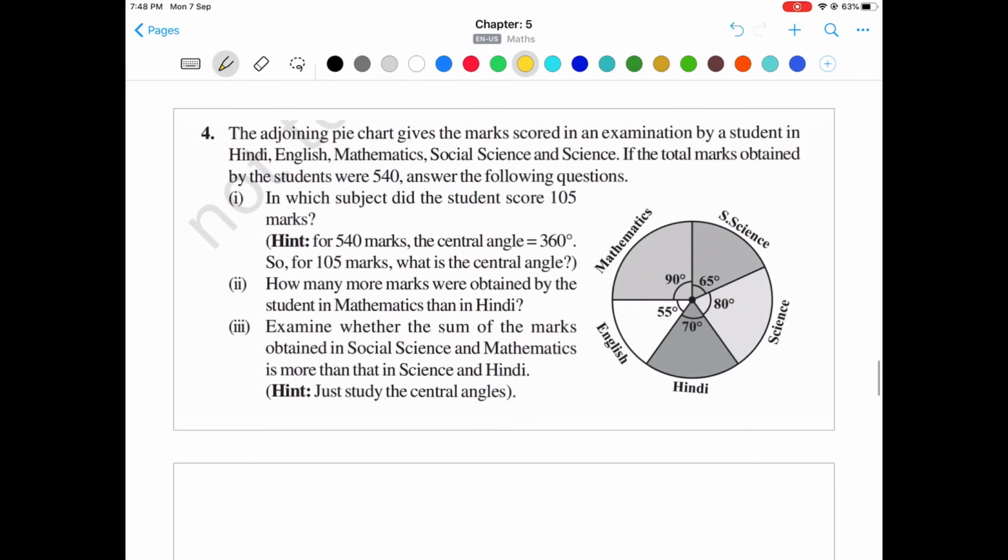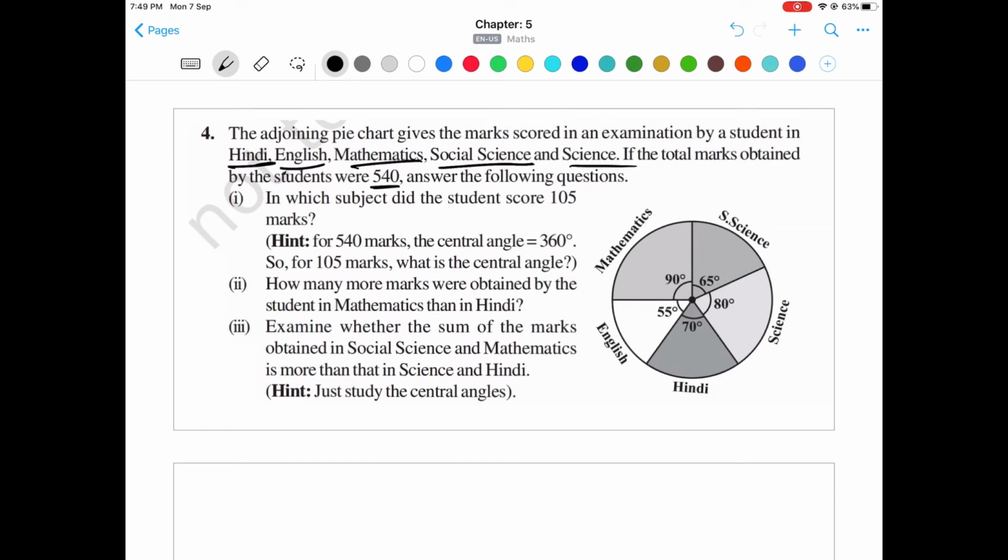Now moving ahead to the question number 4, which is a very important question. It says the adjoining pie chart gives the marks scored in an examination by a student in Hindi, English, Maths, Social Science and Science. If the total marks obtained by the student is 540 in 5 subjects: Hindi, English, Maths, Science and Social Science. So you have to answer the certain question.